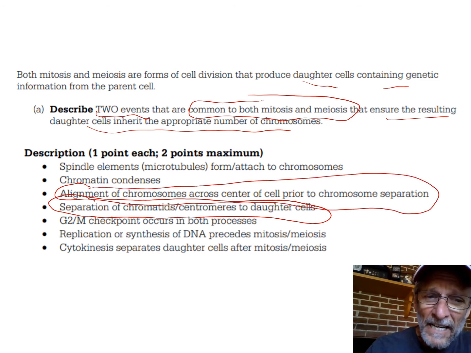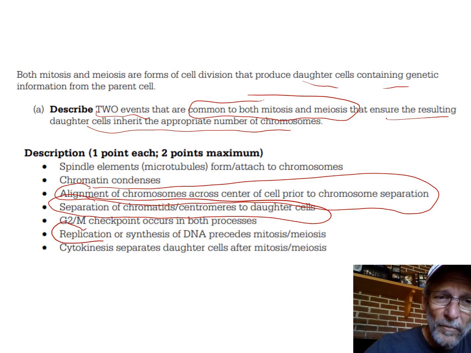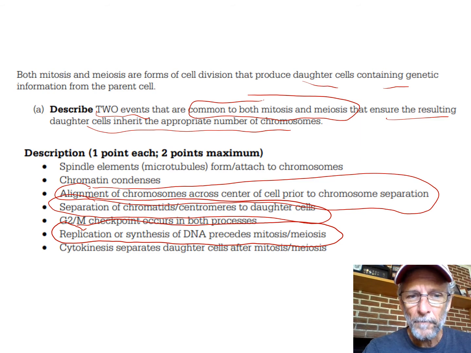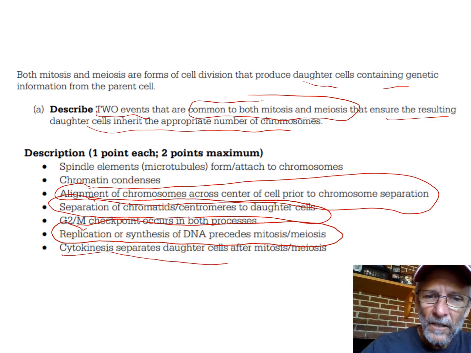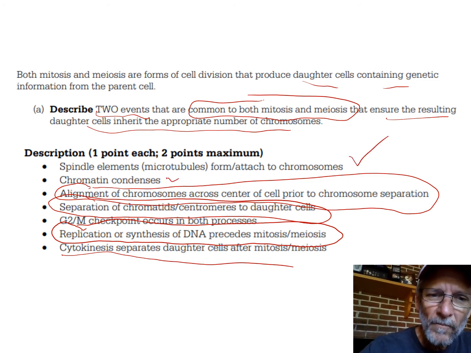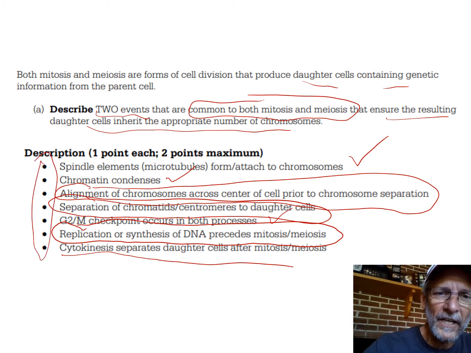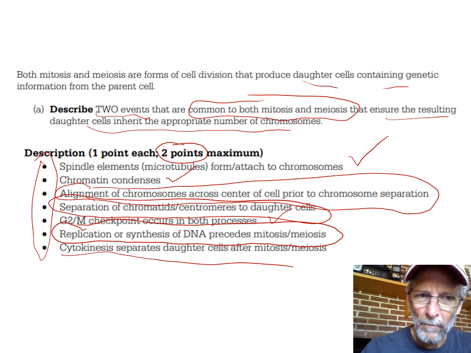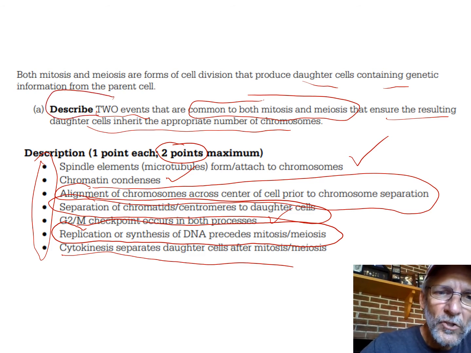But a key event is that copies are made before either meiosis or mitosis. Then dividing those cells into two or maybe four, right, also is part of making sure that they get the right number of chromosomes. So are these other things, which they added to this list of 7 different things you could say to only get 2. Now, remember, they told you to describe 2 events.